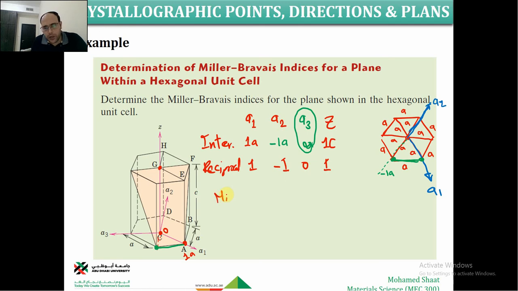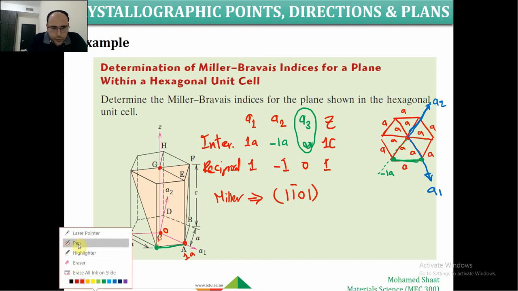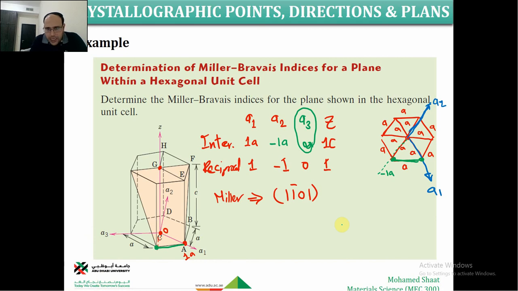So these are the Miller indices. These are the indices that we are seeking for this crystallographic plane. It will be 1, negative 1, 0, and 1. Make sense? So how about what should be this index? Just to prove to you that this index should be i, right?